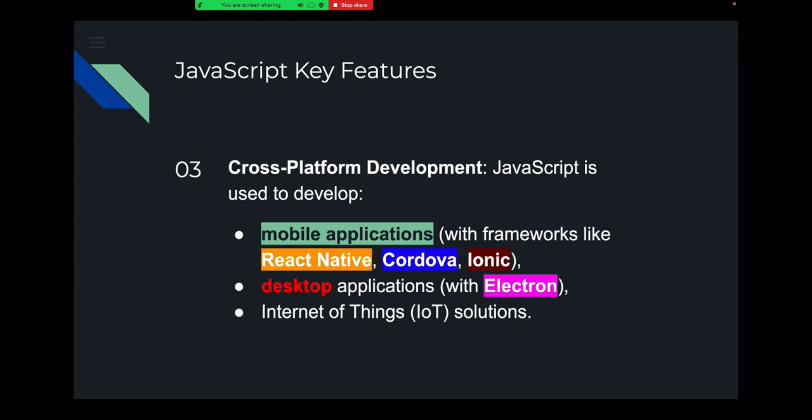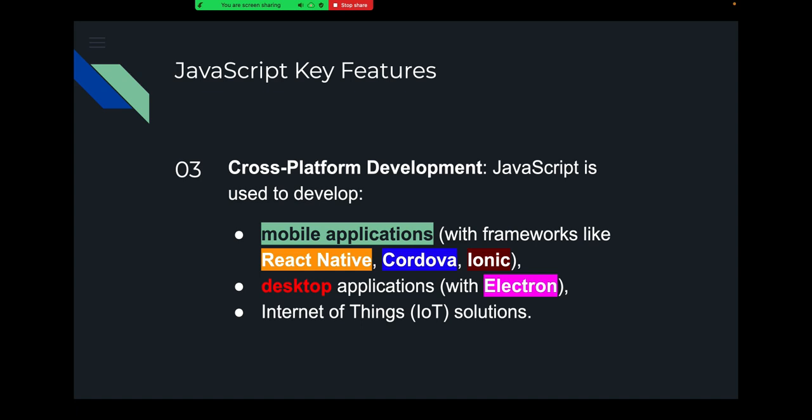Then JavaScript is also cross-platform. You can use JavaScript to develop cross-platform applications. Cross-platform meaning that with the same JavaScript, you can target different operating systems, different environments, different platforms. That's the technical term. So that means with JavaScript, you can develop a mobile application, you can develop a desktop application.